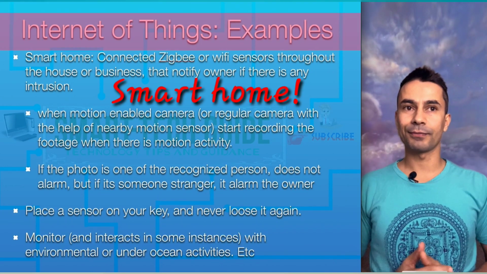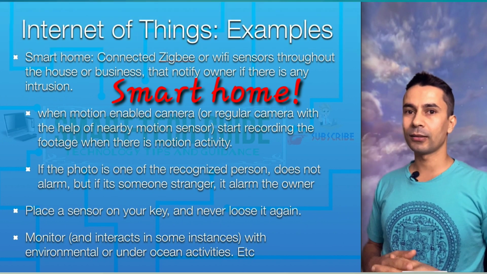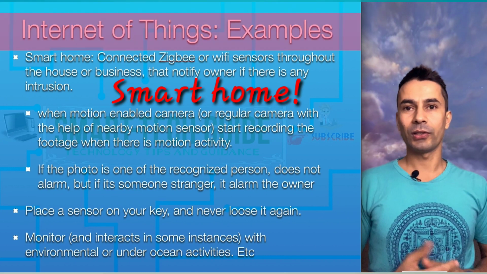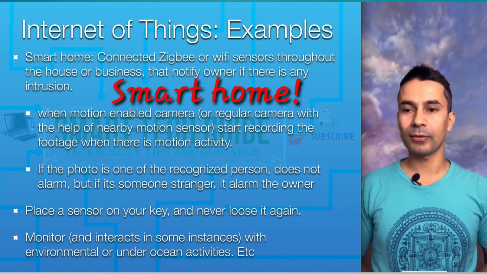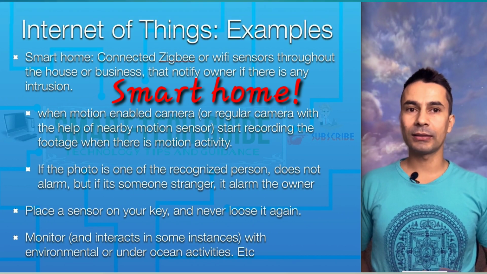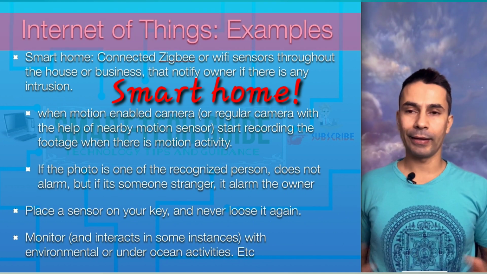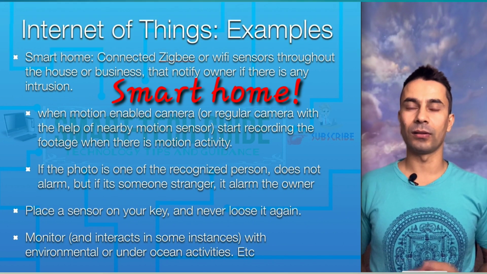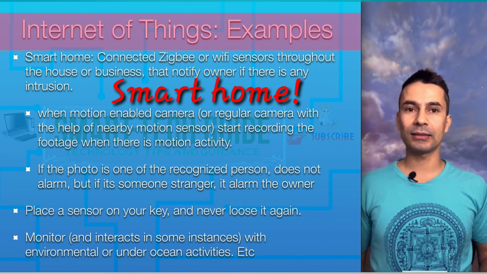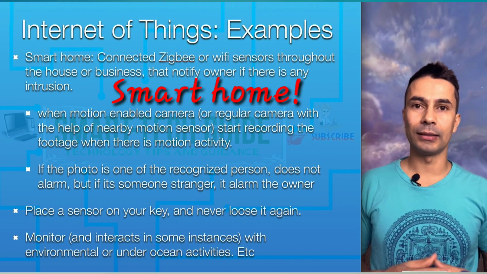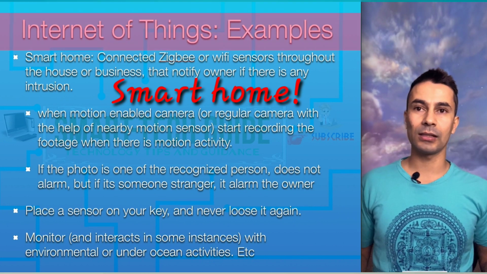Examples. One simple example is smart home, where you have motion sensor in your home, you have camera or single camera with motion enable, and it captures the video or photo of anybody that comes into your door. With the motion detection, it starts capturing the footage and it sends to the owner so that they will recognize whether it's a known person or unknown person or something else.